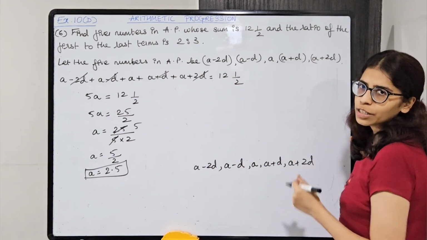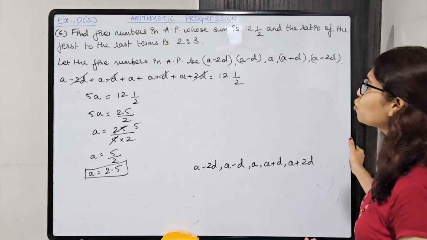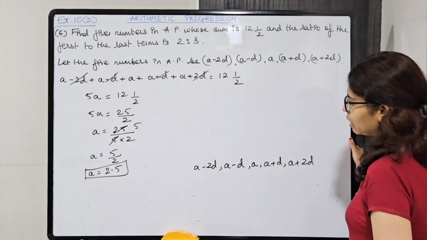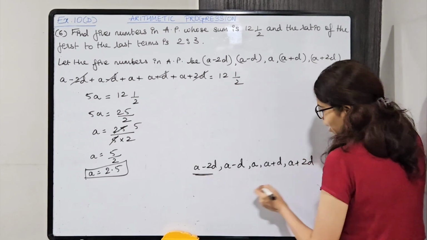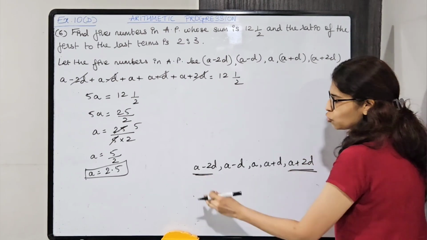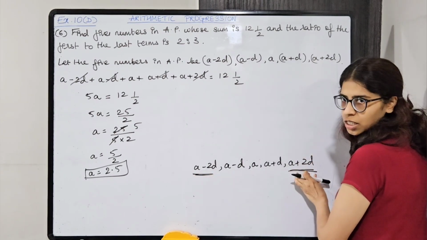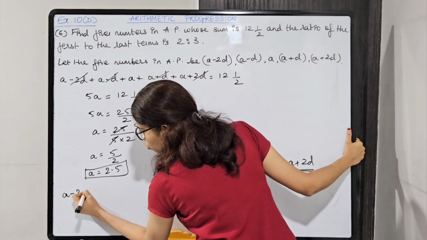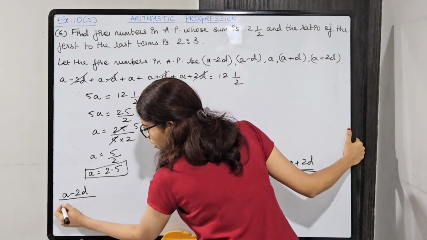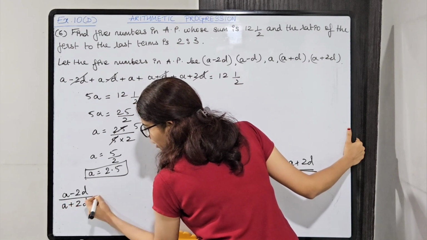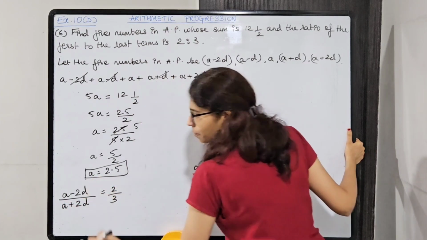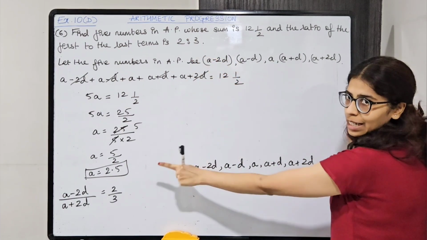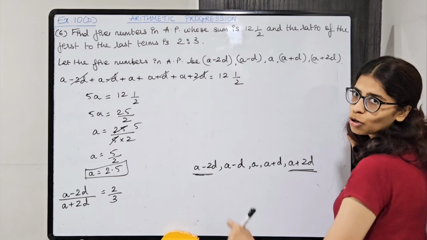For that, one more condition is given. The ratio of the first to the last terms is 2:3. First term is this and last term is this. So the ratio of first to the last is 2:3. So A minus 2D upon A plus 2D is 2/3. Go in correct order. It is first to the last, so write first in the numerator and last in the denominator.